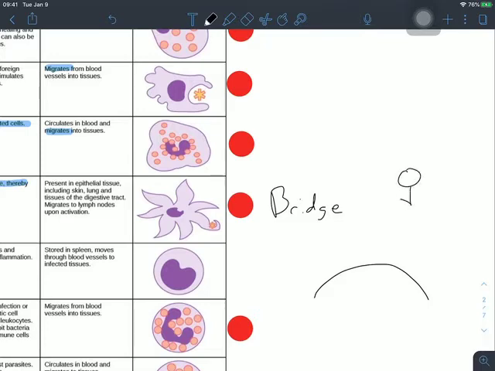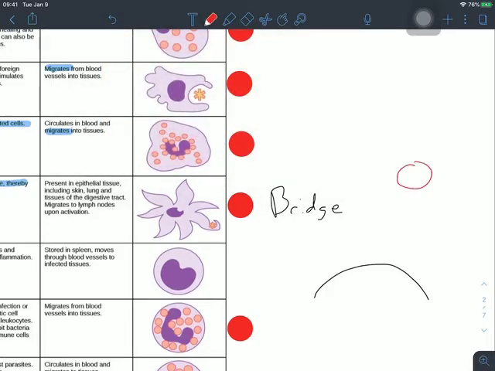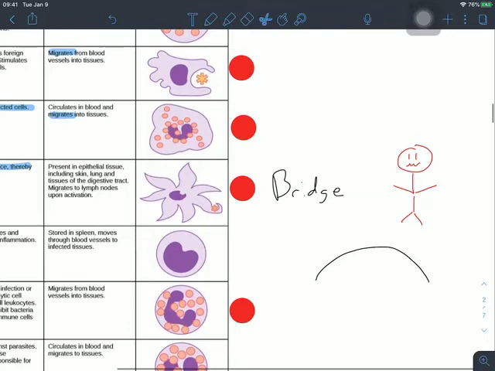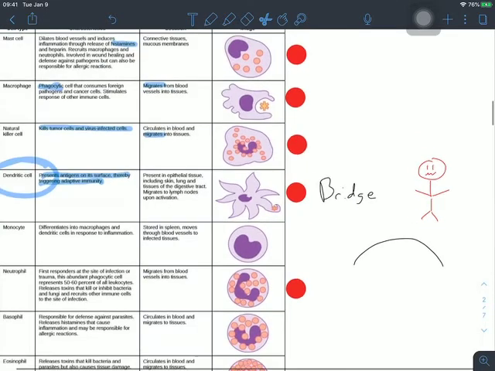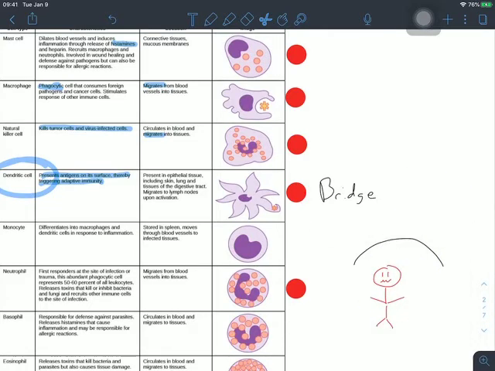So, in one of my favorite drawings of this entire class, oh, whoops, I gotta change color here. We're gonna go all Mad Max on this. Here you have an invader coming in. The dendritic cell has identified it and has ingested it. Then what it's going to do is break this sucker apart.